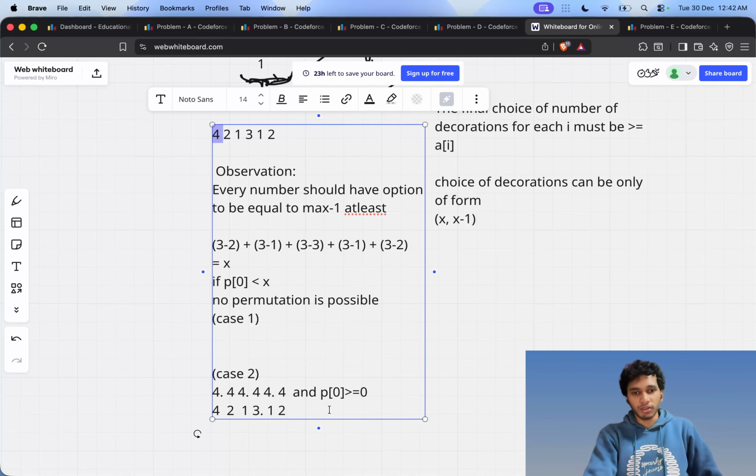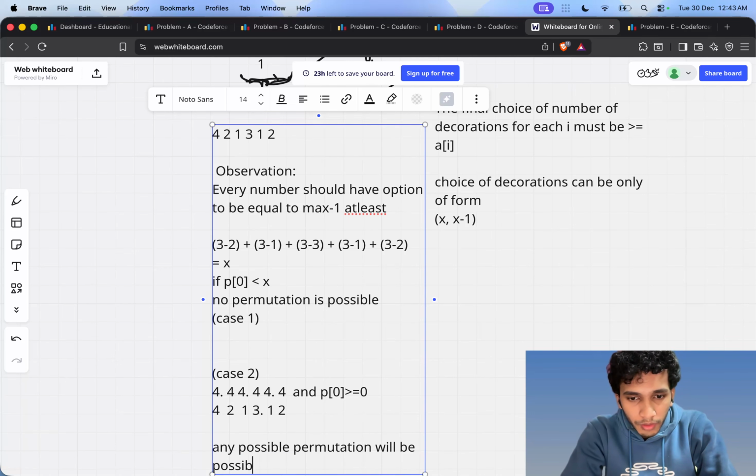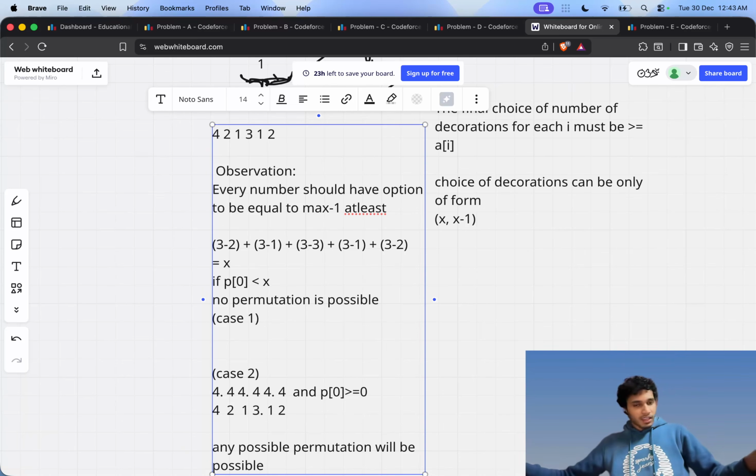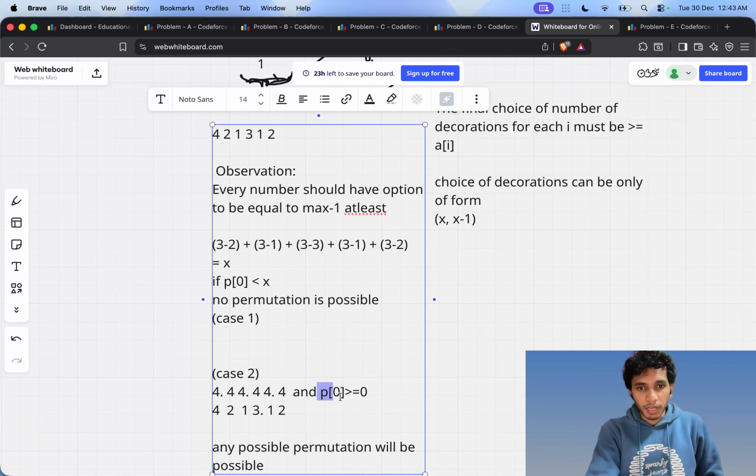There is no restriction. So any possible permutation will be possible. Why? Because everyone can reach 4. Now, all the values greater than or equal to 4 are chosen from P0, and P0 is not racial.